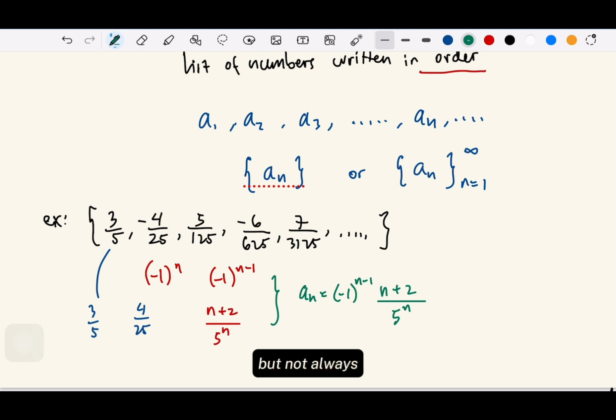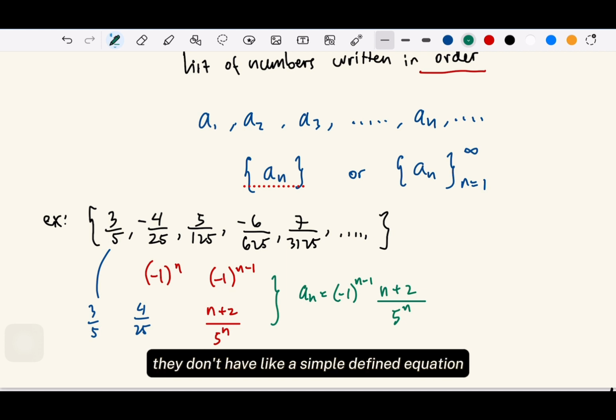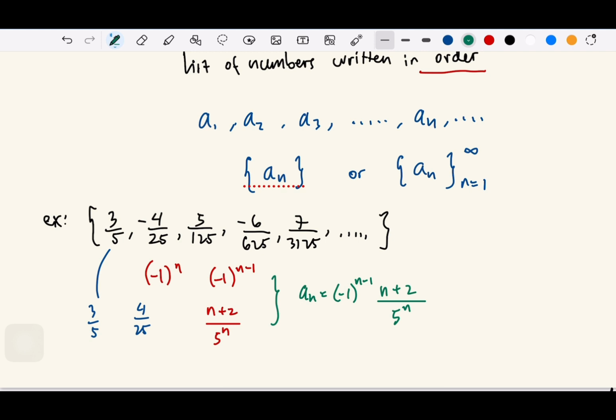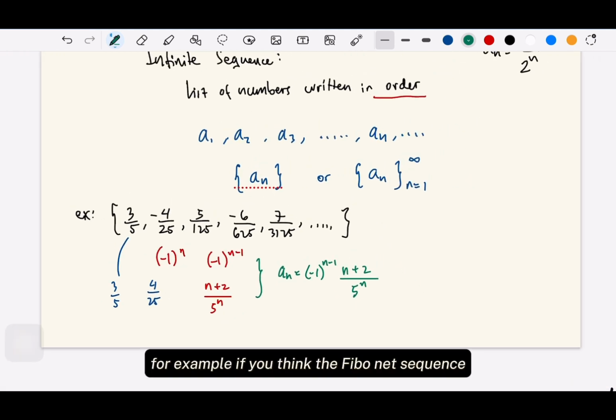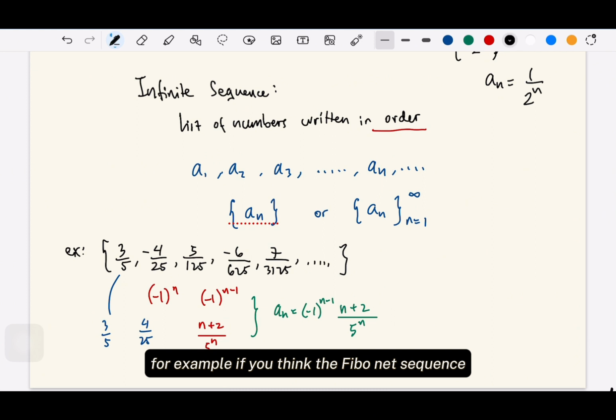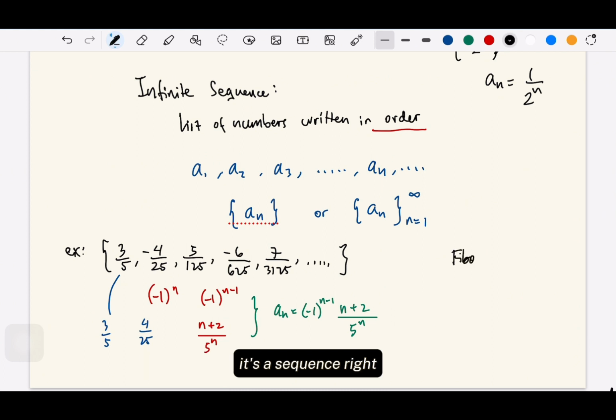But not always. Some sequences don't have a simple defined equation. They have a pattern, but they don't have a simplified pattern or equation. For example, the Fibonacci sequence is a sequence, right?